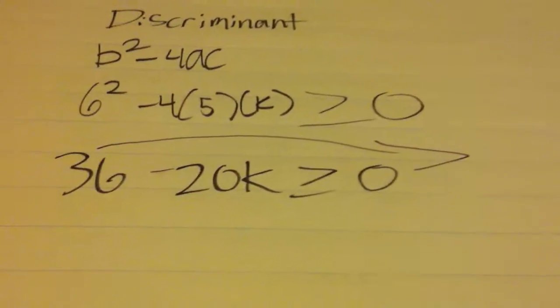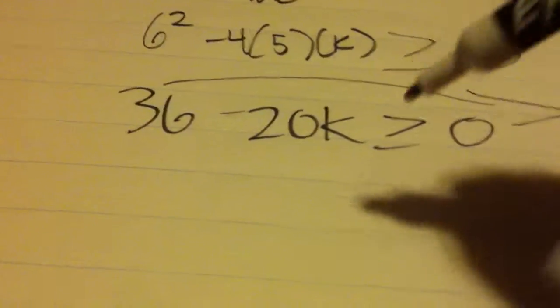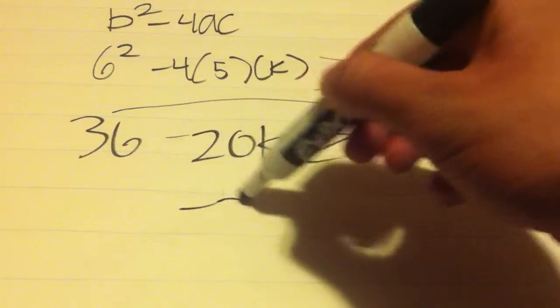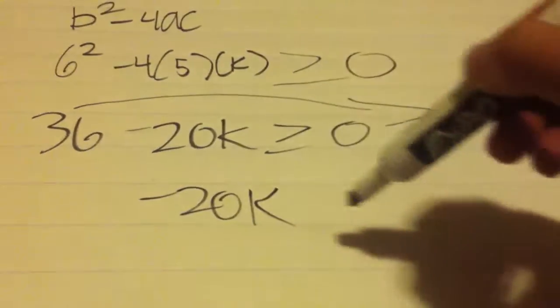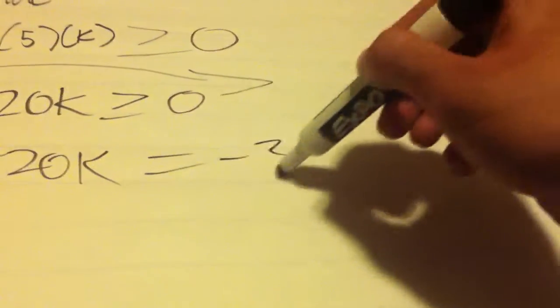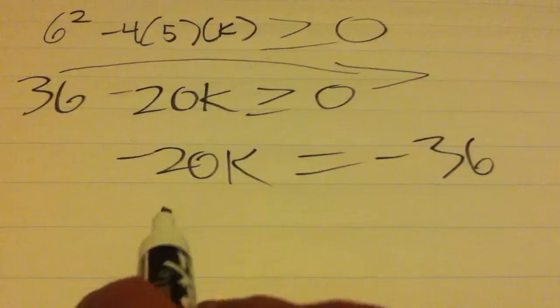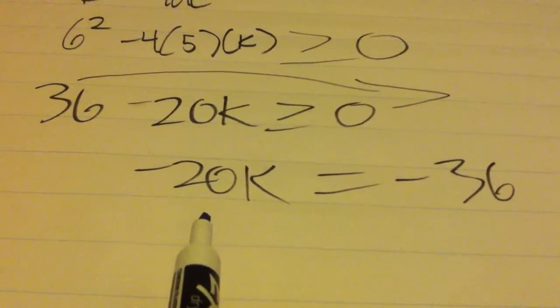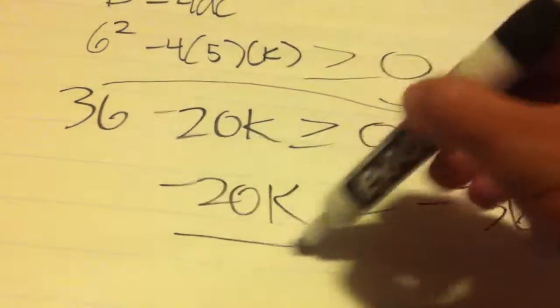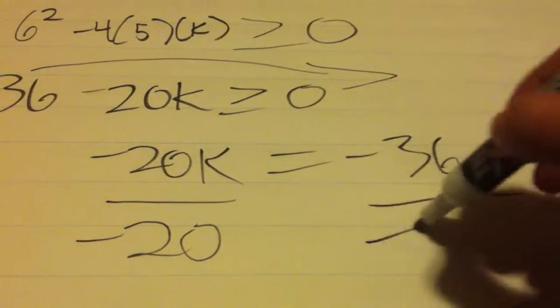So just bring the 36 over, past that 0, and think of the 0 as an equal sign. So from here we got minus 20k equals minus 36. And we want to get rid of the 20, so we divide both sides by minus 20.